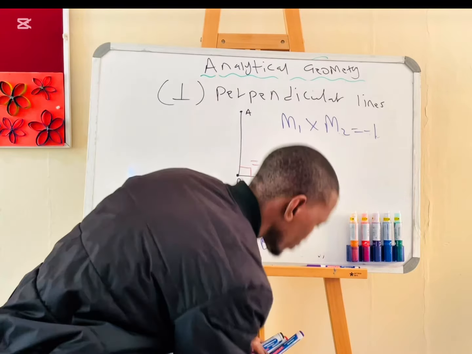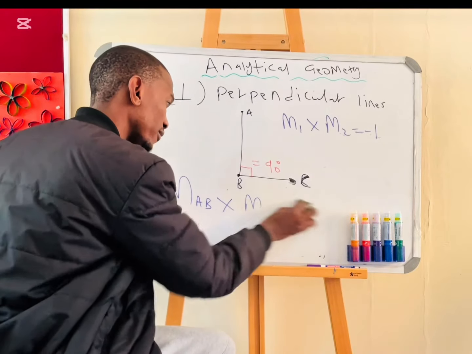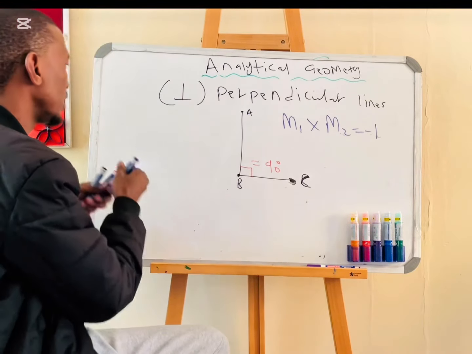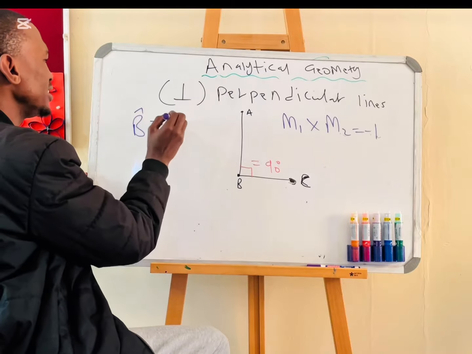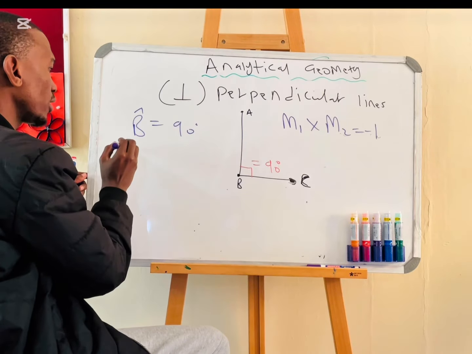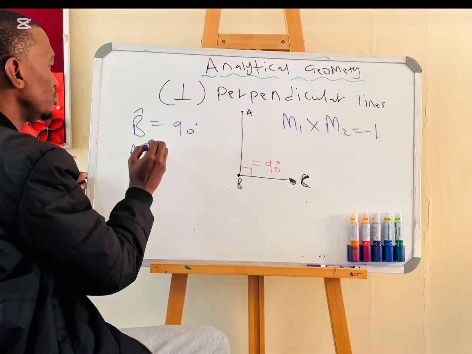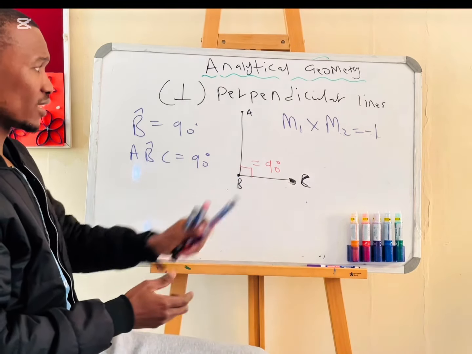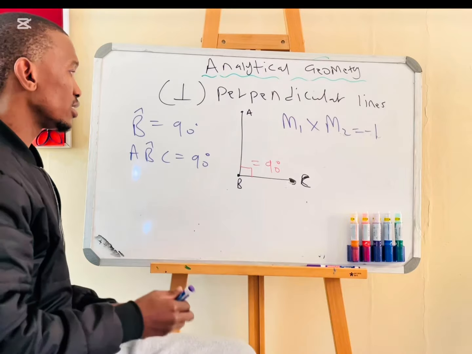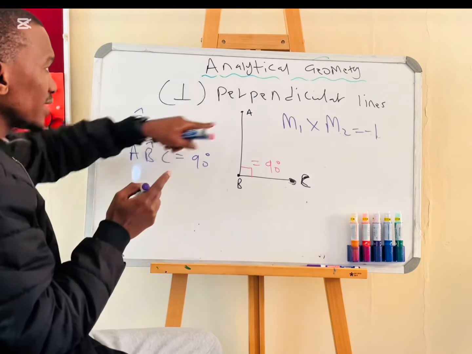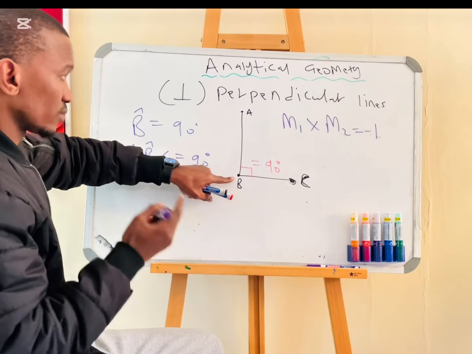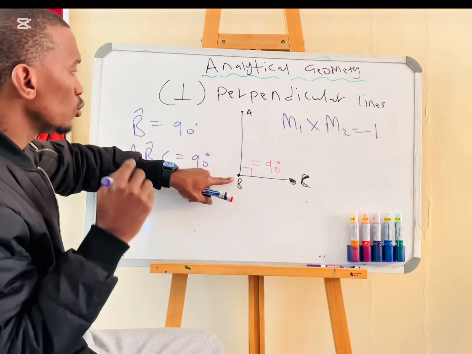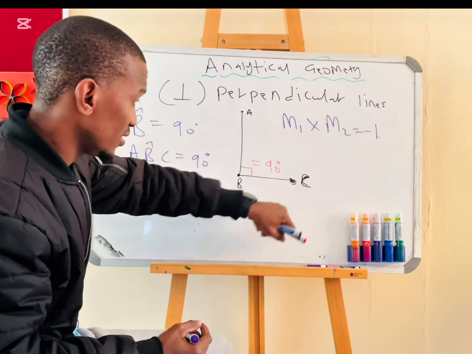Number 2, they can say to you, prove that angle B is 90 degrees, or angle ABC is 90 degrees. So if you want to prove that this angle is 90 degrees, you must do this. Number 1, calculate the gradient of AB. Number 2, calculate the gradient of BC.